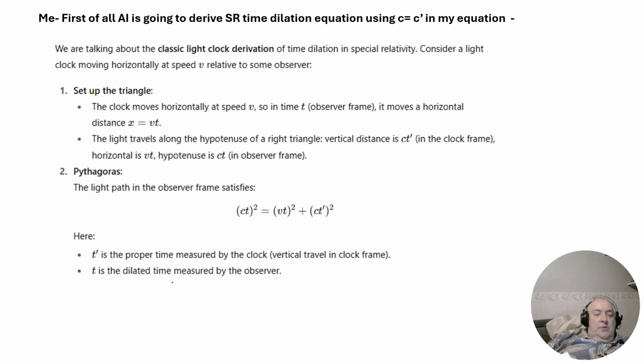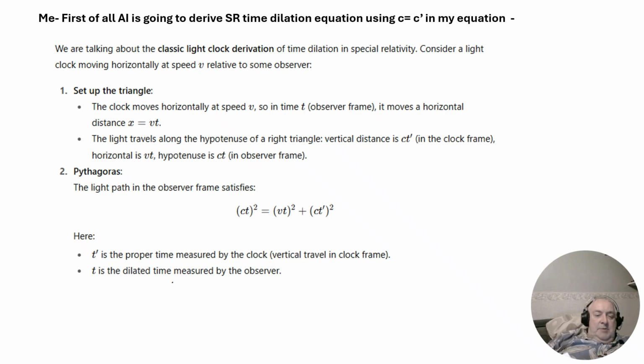So first of all, AI is going to derive the special relativity time dilation equation using C equals C prime in my equation. And AI says we are talking about the classic light clock derivation of time dilation in special relativity. Consider a light clock moving at horizontal speed v relative to some observer.